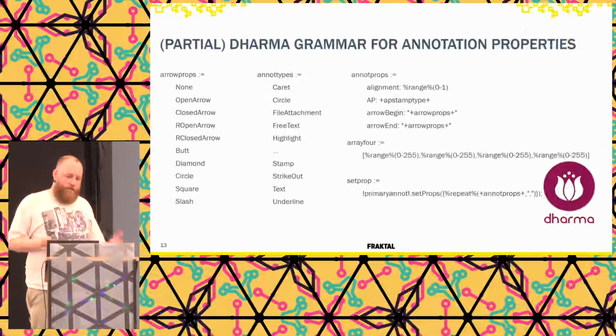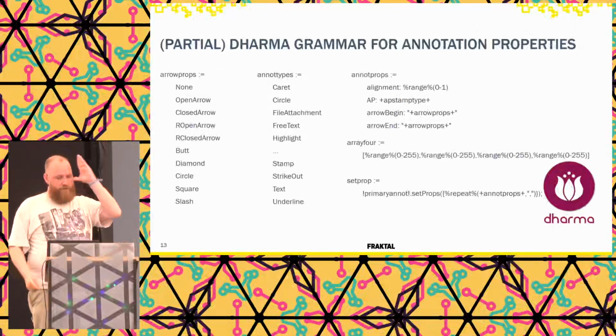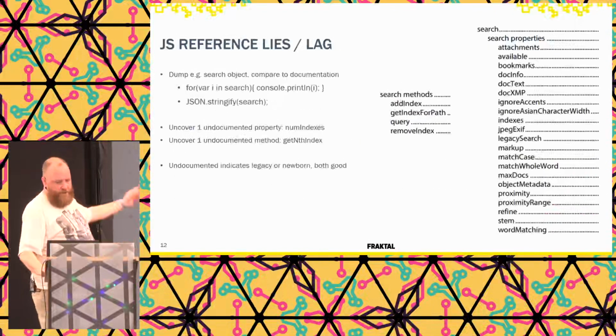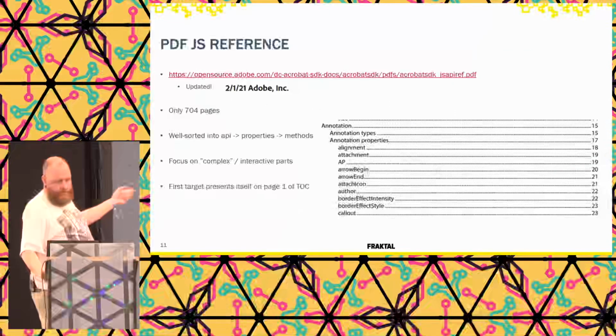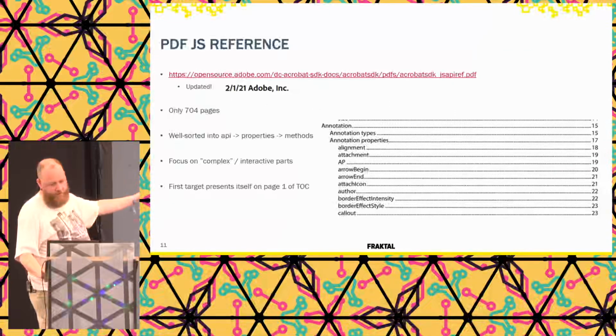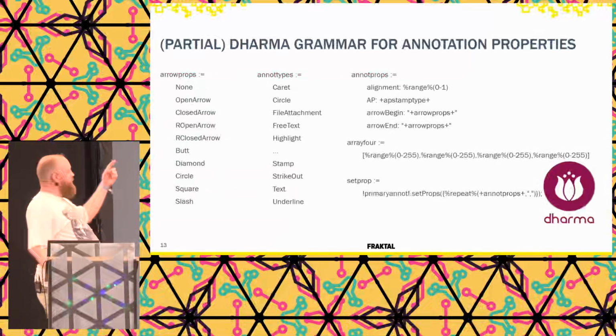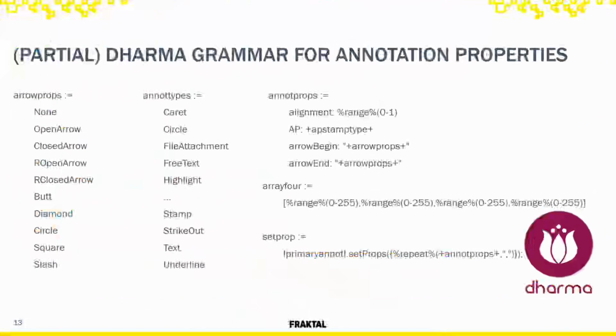So if we go back to the Dharma stuff and look at the annotation properties, and those are here, the alignment, attachment, AP, blah, blah, blah, all that stuff. You just define a grammar where you say the arrow properties can be none, open arrow, blah, blah, blah.